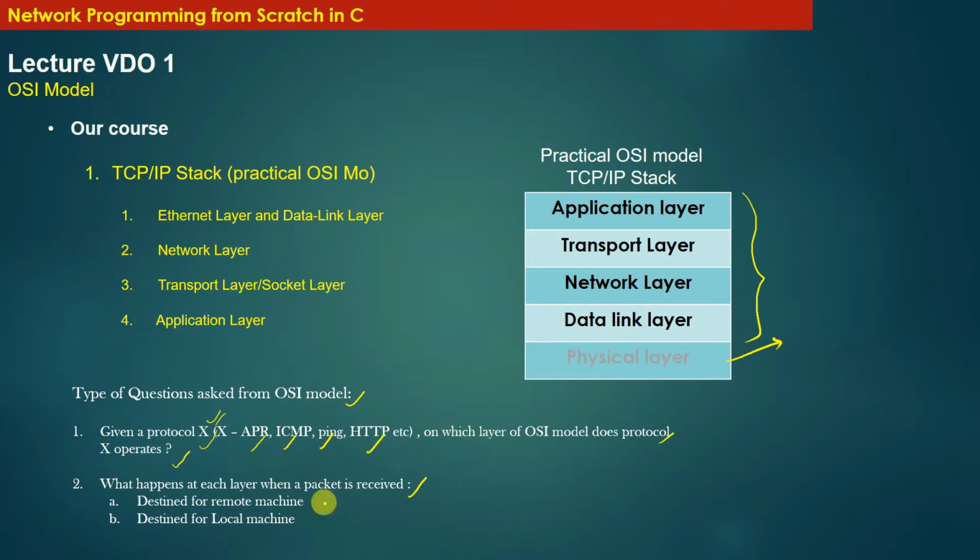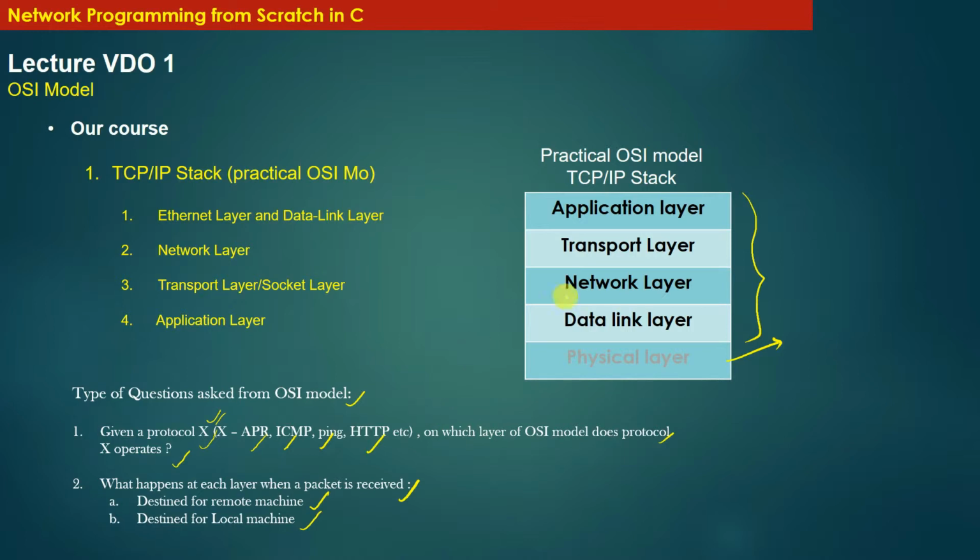Also, the second type of question that is often asked is what happens at each layer of the TCP/IP stack when a packet is received or sent, and the packet is destined for a remote machine or a local machine. You should be able to answer what happens at each layer when the packet is received and destined for a remote machine, and when it is destined for a local machine.